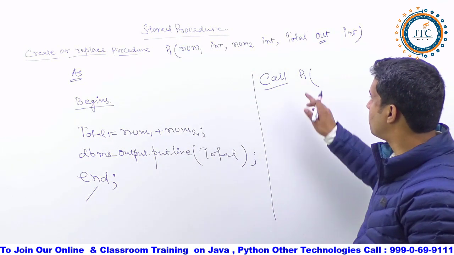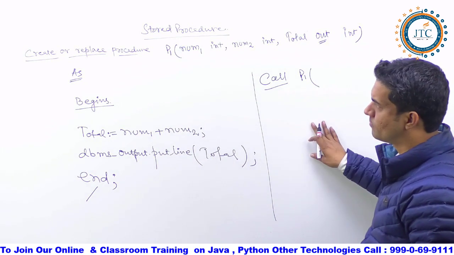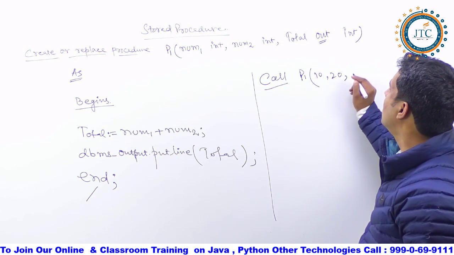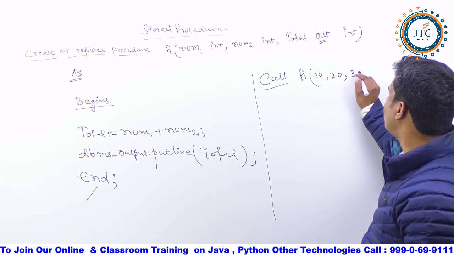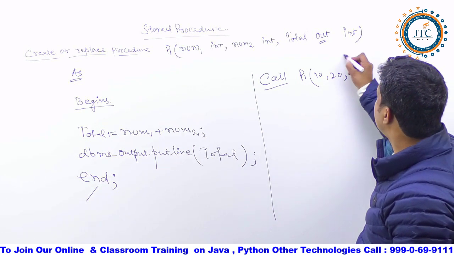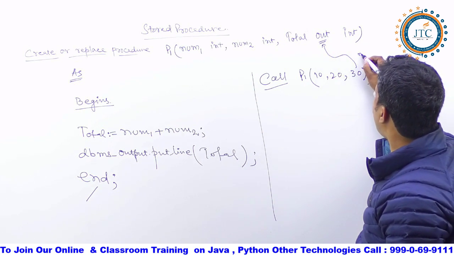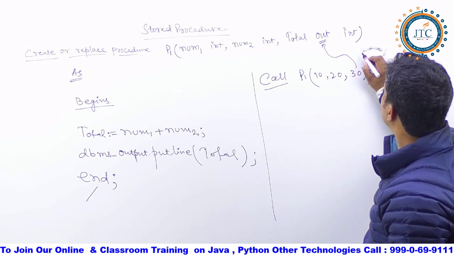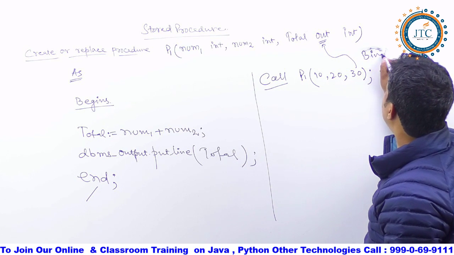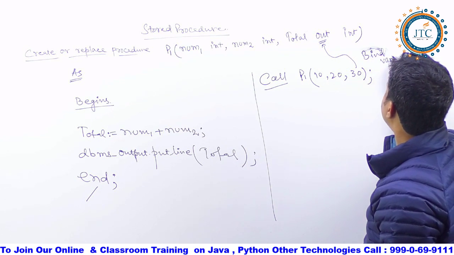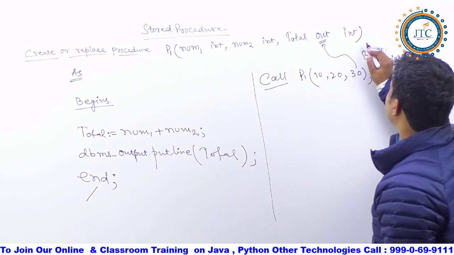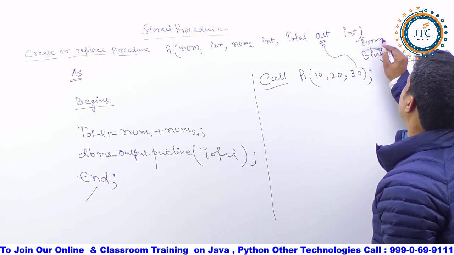So remember one point: whenever you are writing P1, 10 you have passed, 20, but in the case of 30 when you pass it, it will give a bind variable error.